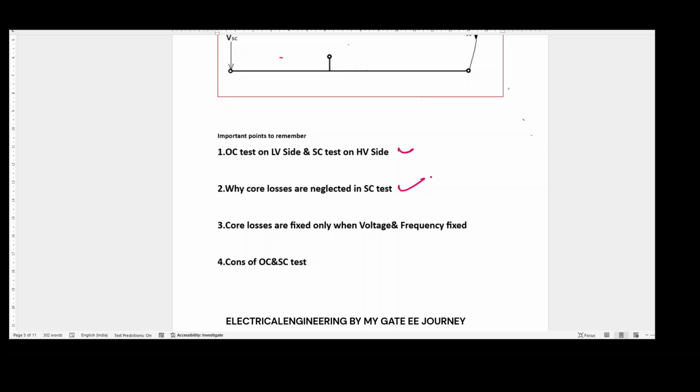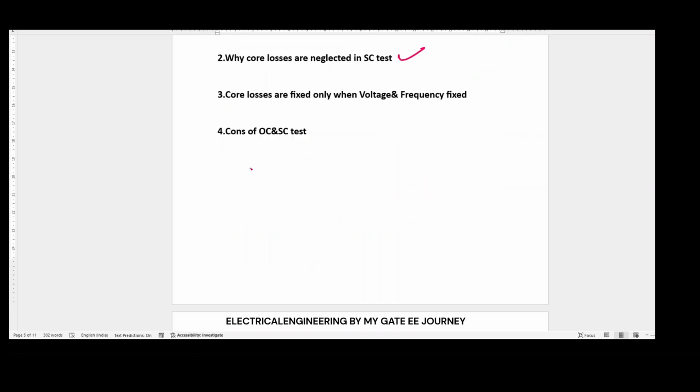And what are the cons of OC and SC test? The con is that you are getting R naught, X naught as individual values, whereas for R equivalent, X equivalent, you do not get the primary and secondary side separately.